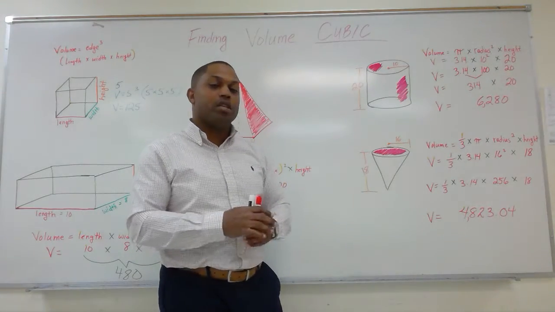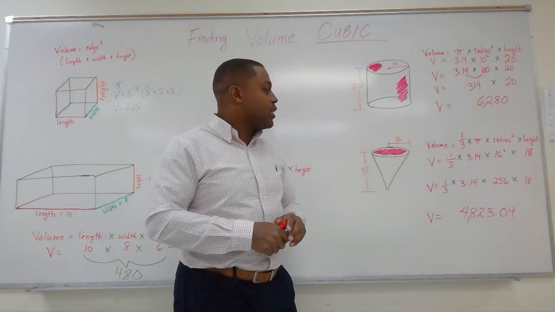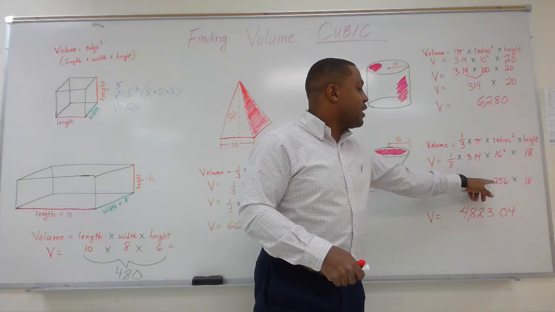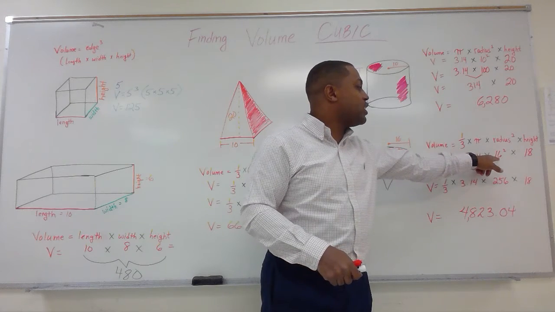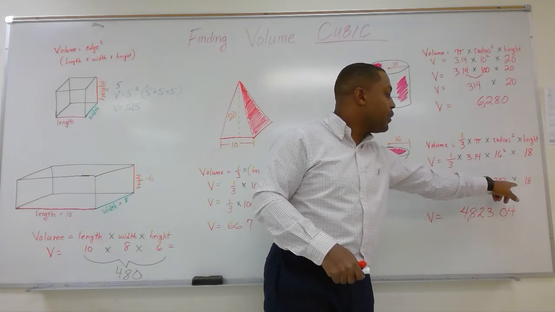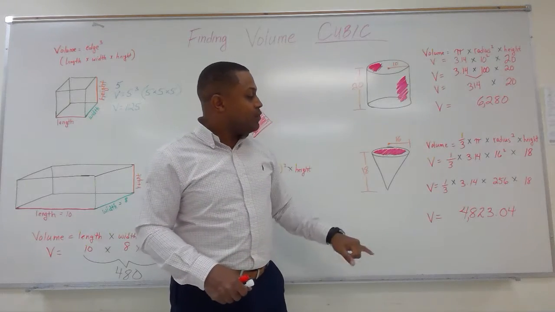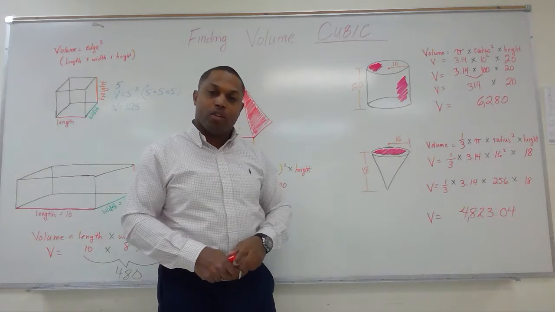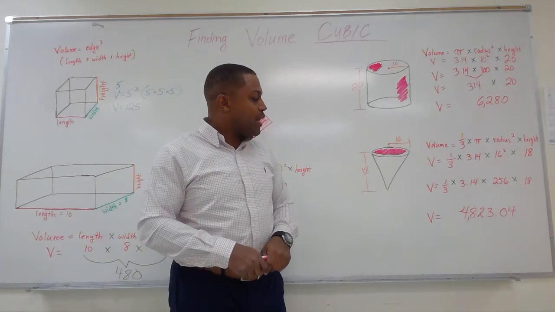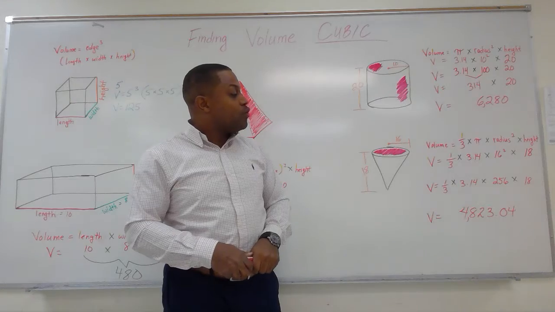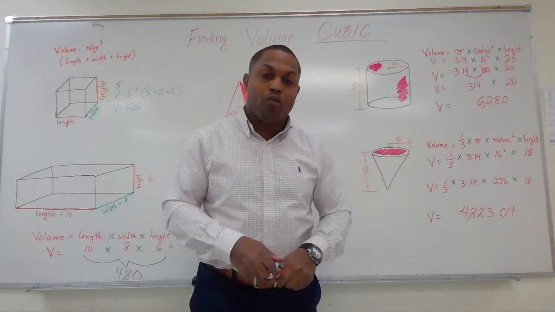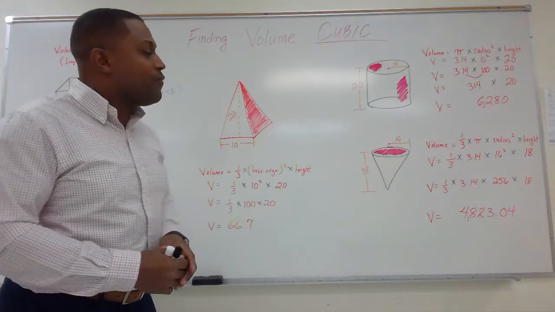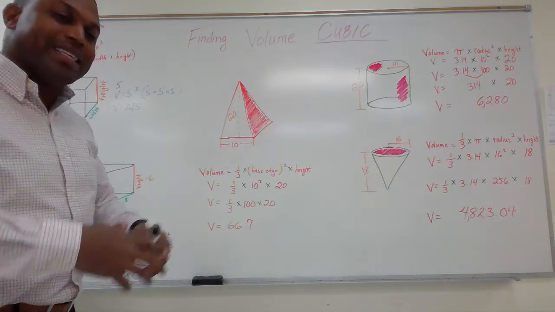Volume equals 1/3 times 3.14 times 256, which is 16 to the second power, times 18, and that leaves us to find out that the volume of this cone is 4,823.04.